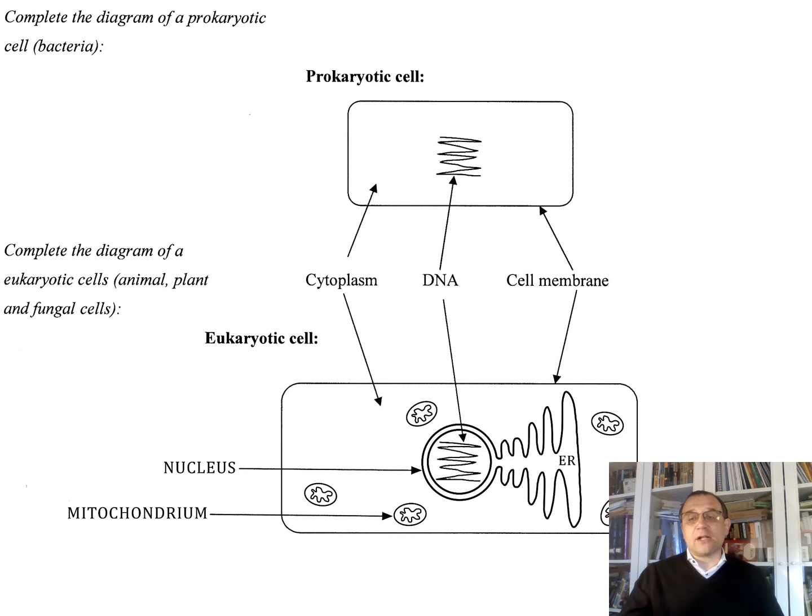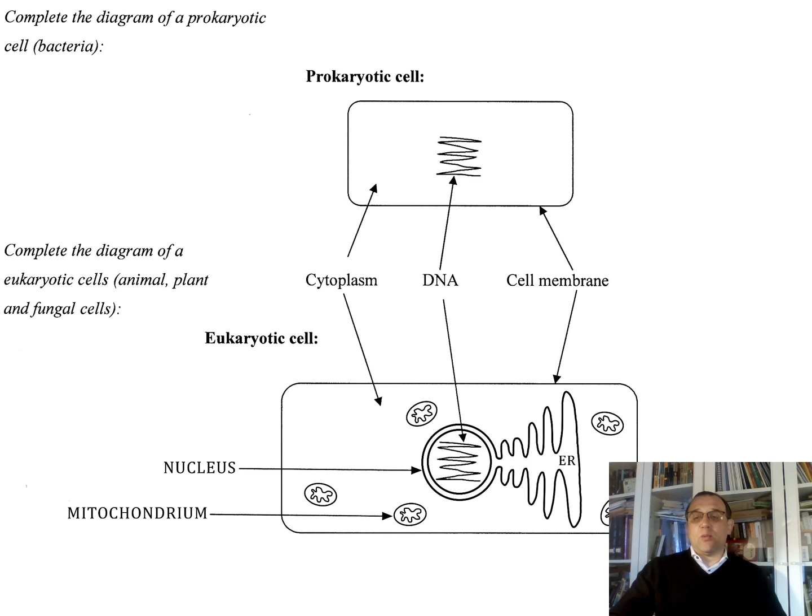No. Prokaryotic cells do make ATP, but they use their cell membrane to make this important molecule. But eukaryotic cells use mitochondria to provide themselves with ATP molecules, an energy carrier molecule, right? That actually drives all biochemical processes within the cell.